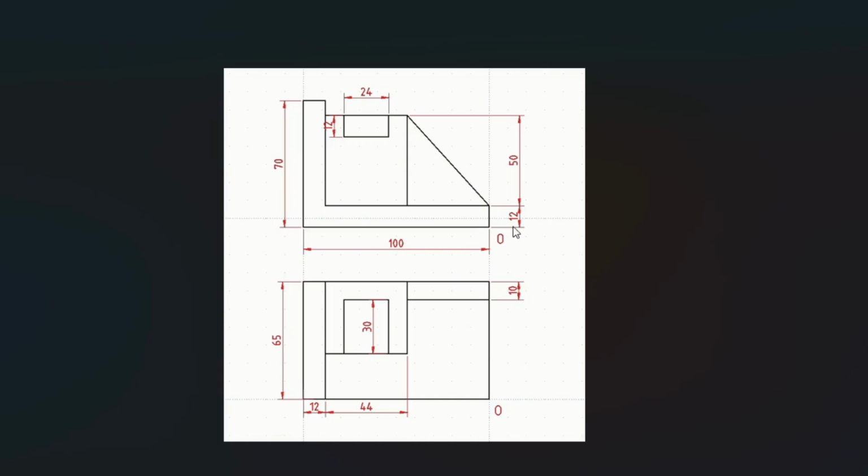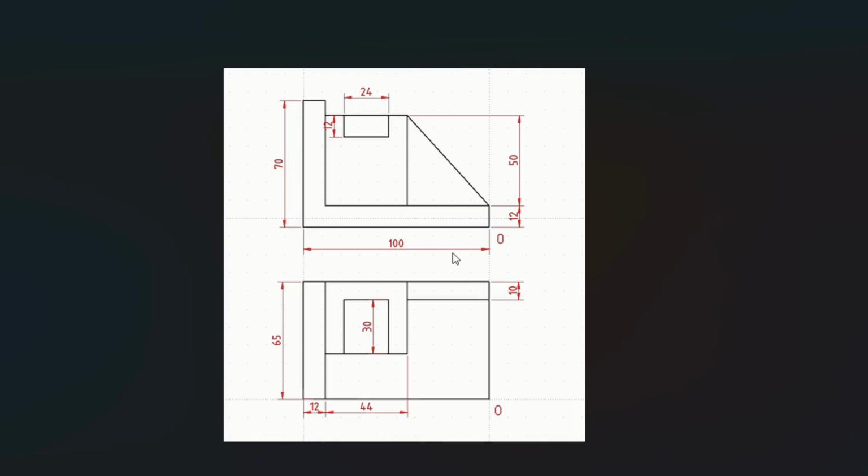And there's another wall behind this block, which is 10 mm in thickness, 50 mm in height beyond the base plate, and the width runs up until the entire length of 100 mm. But note that this is not a square wall like the other one. We have a tapered portion over here, which starts along the x-axis and runs until 44 plus 12 mm from the other side.